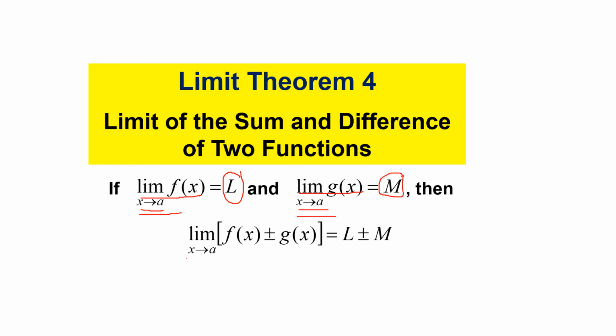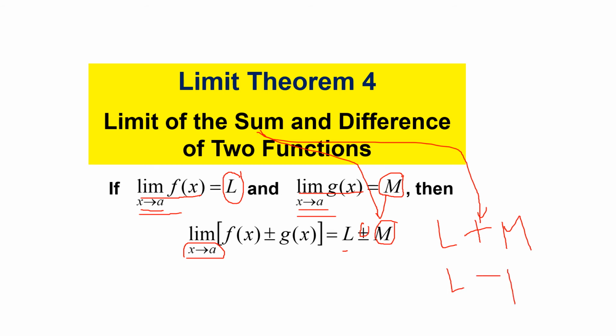Since they have the same limit, which is x approaches a, that will be equal to L plus M for the sum, then L minus M for the difference. So that's how we deal with the limit of the sum and difference of two functions.